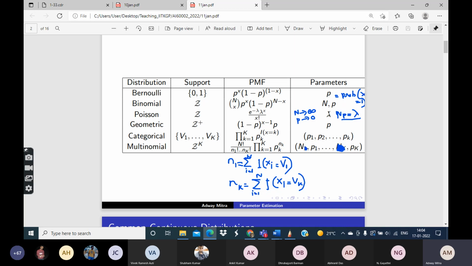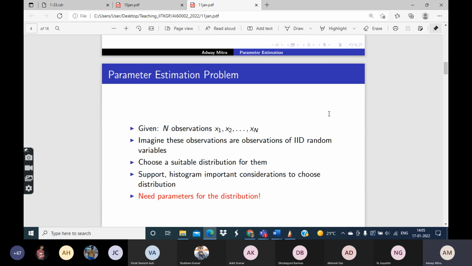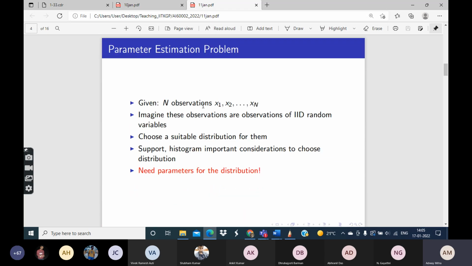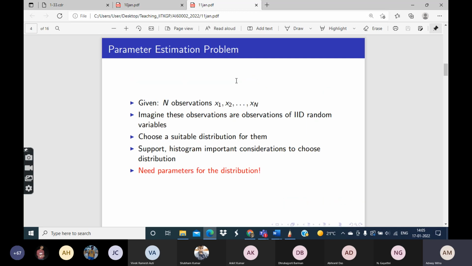So now what typically happens is that we have data, we have observations. Suppose we are given x1, x2, up to xn. What we try to do is imagine that the observations we have got are not just some values, but realizations of some random variables.